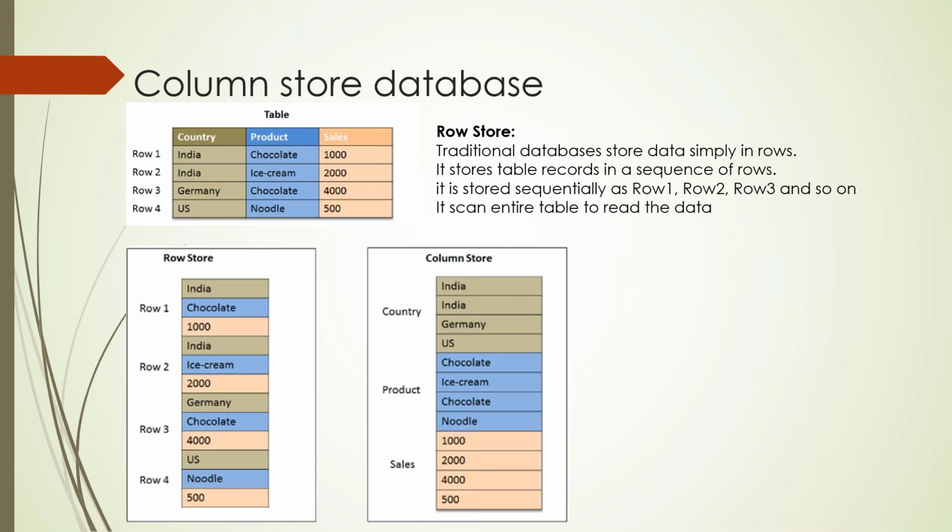But why do we call HANA a column store database? What is the reason? Because whenever developers create a table, they have to specify whether they want to create it as a row store or a column store. If they specify row store, then the table is created as a row store.